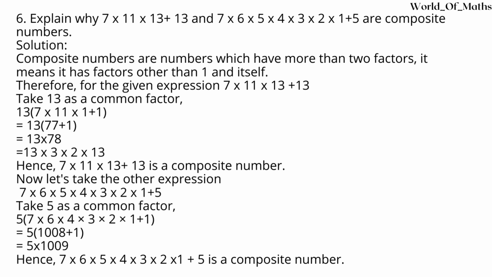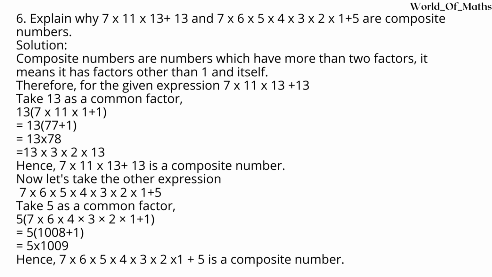Now, let's take the other expression, which is 7 multiplied by 6 multiplied by 5 multiplied by 4 multiplied by 3 multiplied by 2 multiplied by 1 plus 5. In the same way as we did in the previous question, take 5 as a common factor and we will get 5 multiplied by 7 into 6 multiplied by 4 multiplied by 3 multiplied by 2 multiplied by 1 plus 1, which is equal to 5 multiplied by 1008 plus 1, which is equal to 5 multiplied by 1009.